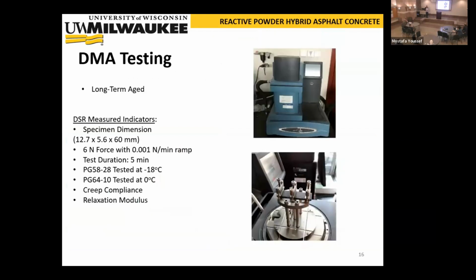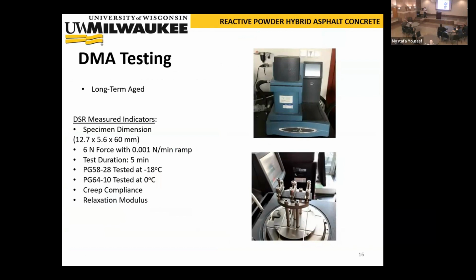So we wanted to look at another test using the dynamic mechanical analyzer. In this test, we applied multiple cycles of loading with a ramp increase in force at a very low temperature, minus 18 degrees.